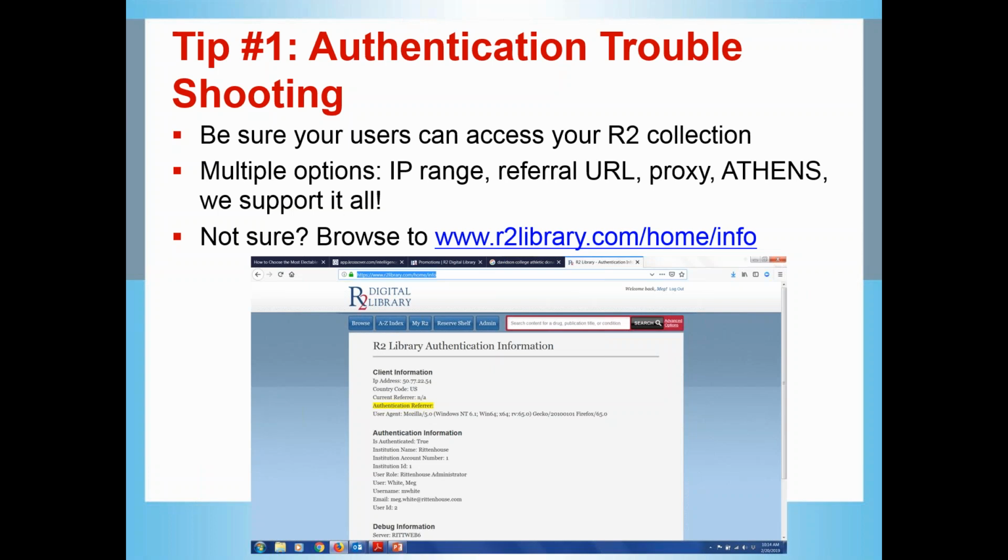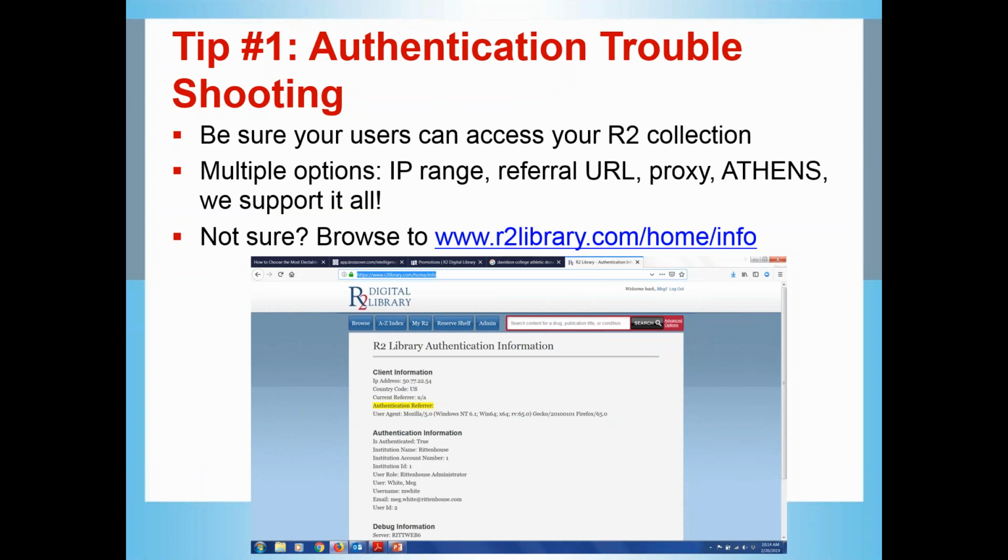The tip that we want you to take away here is, if your access is not functioning as expected or gets suddenly interrupted, there's an easy way, a backdoor, that you can diagnose what might be going on with that collection. So if you've lost that access and are not sure what's happening, you can always browse to r2library.com/home/info. And you can see here on the screen, this is an access and authentication diagnosis screen.